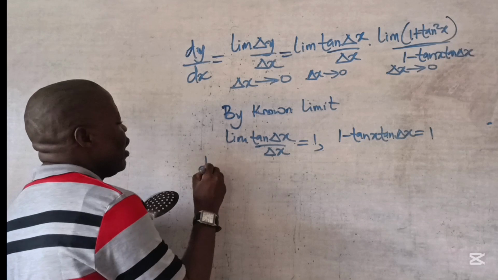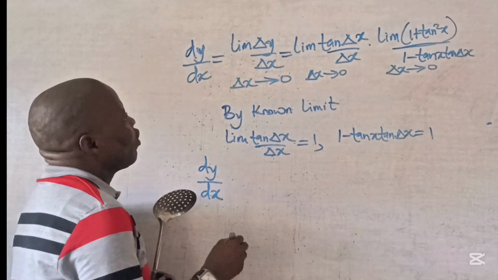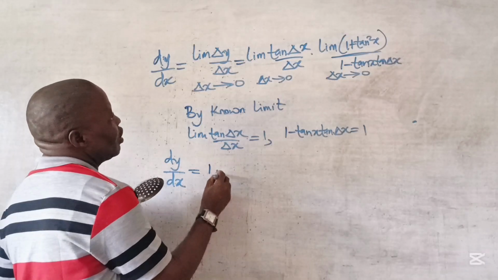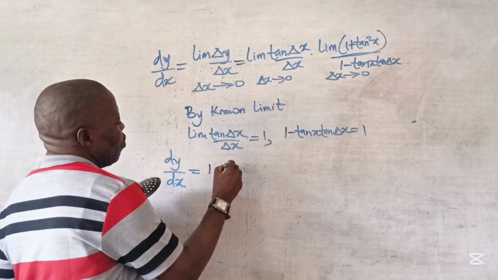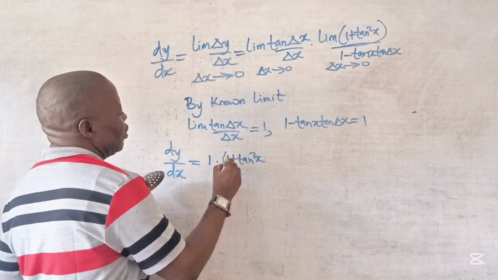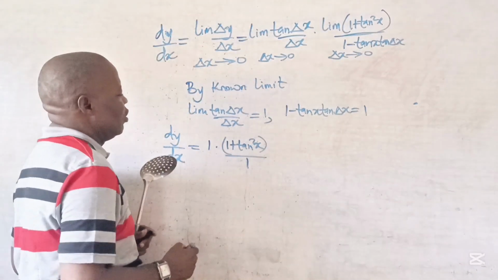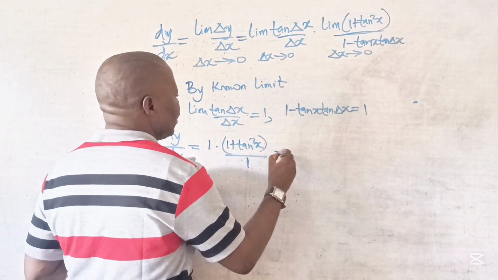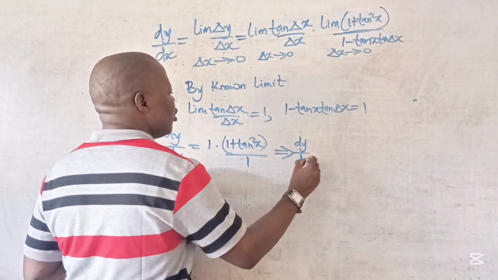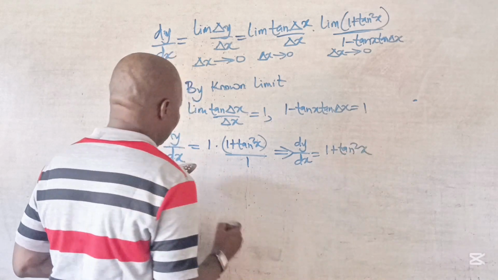That means we have our dy dx is equals to 1 plus tan square x over 1. So we are left with, which implies that our dy dx is equal to 1 plus tan square x.